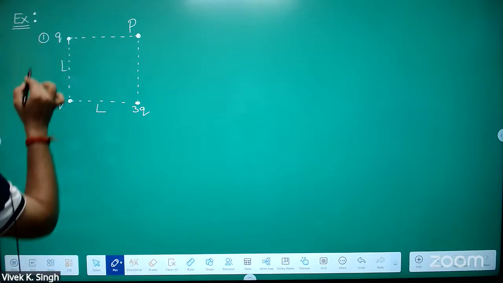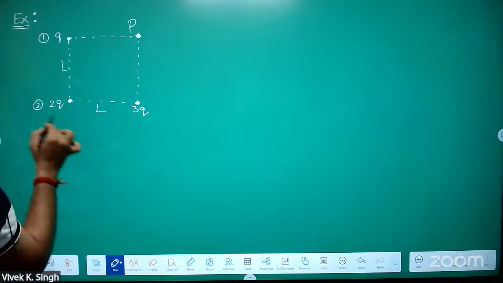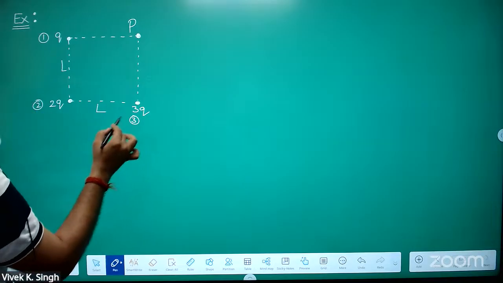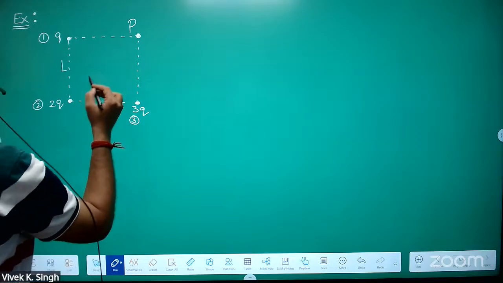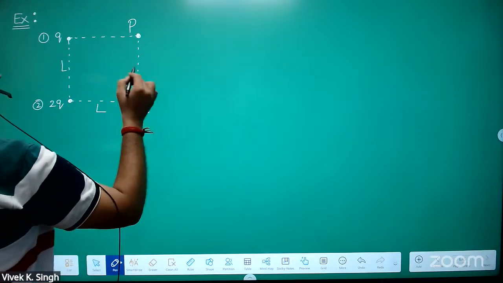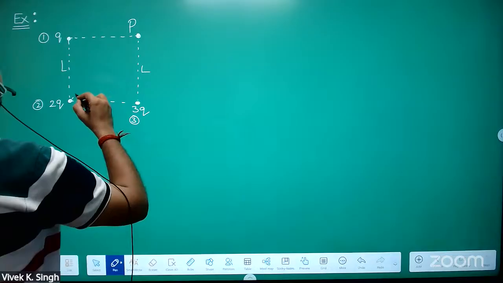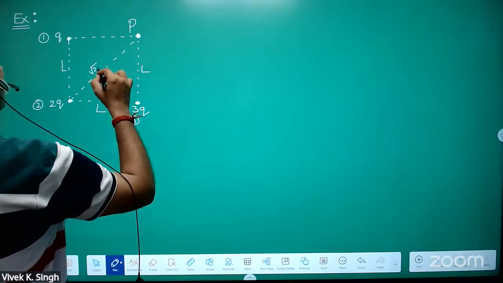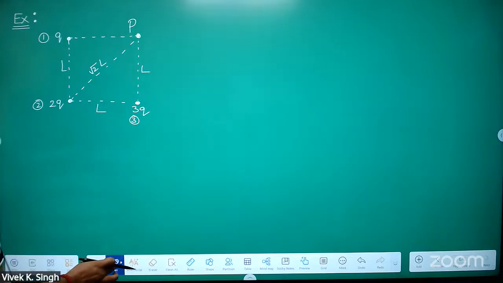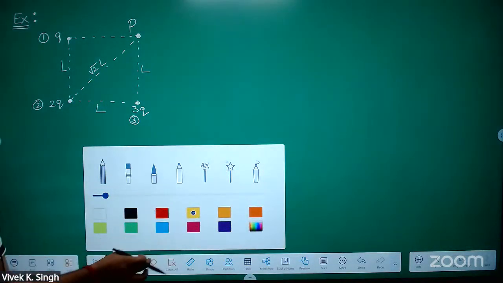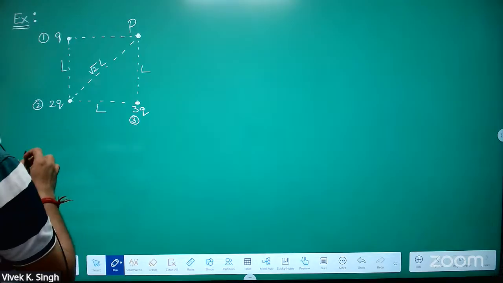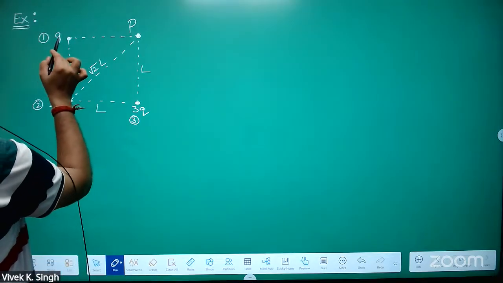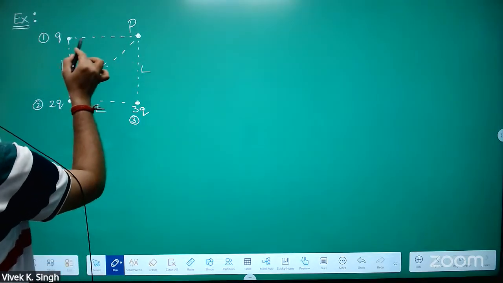Let's say this is the first charge, this is the second charge, and this is the third charge. You will see this length will also be L, and this is under root 2 L. So what will be the field due to charge 1?